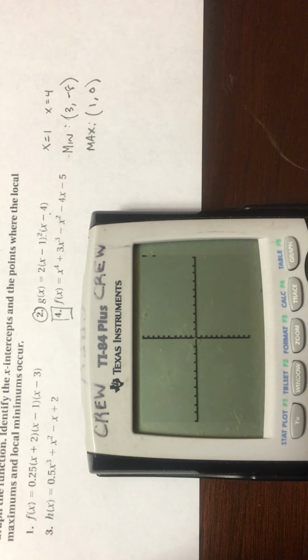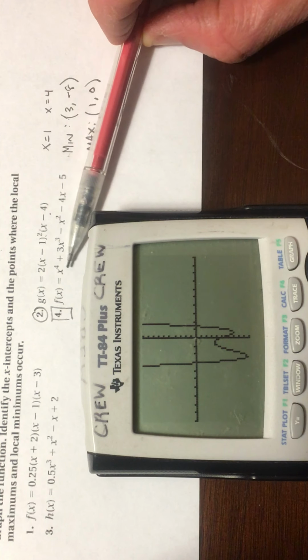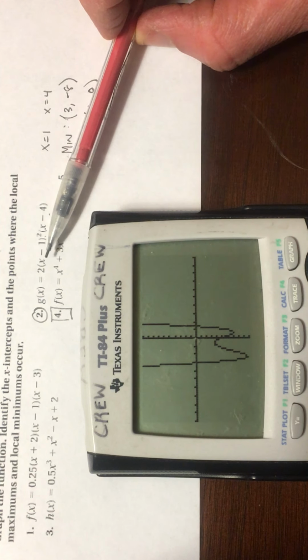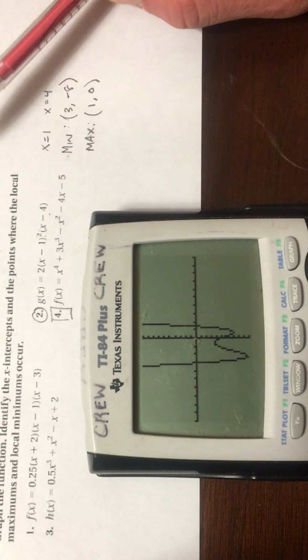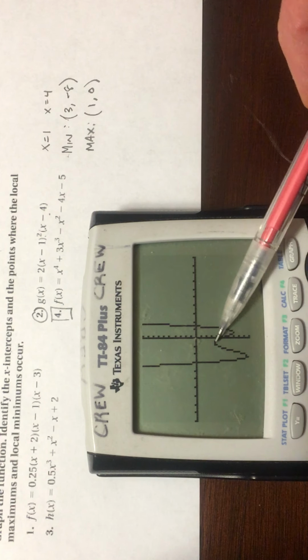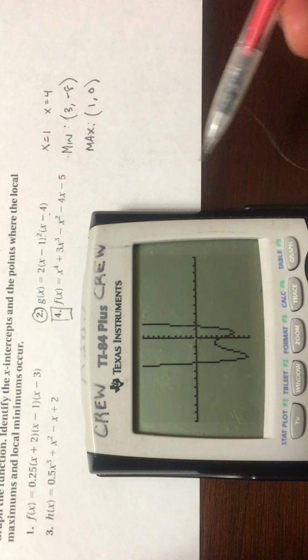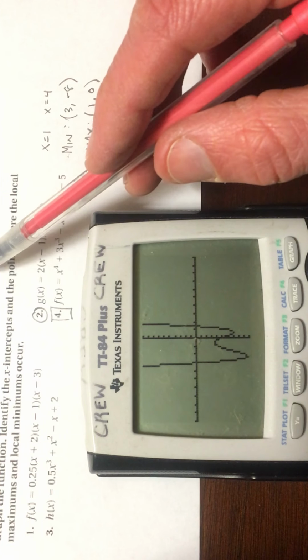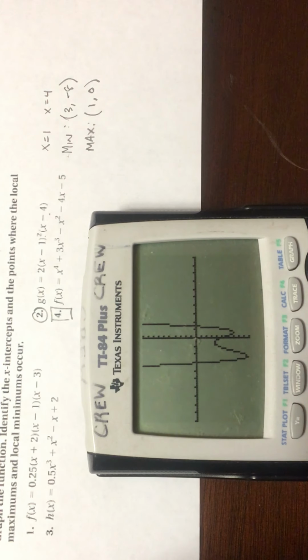If I hit the graph, 1, 2. So this crosses twice. Okay, so we're at degree 4. At most, it could have 3 terms, according to our box. And you can see it turns once, twice, 3 times. And it's got 2 real zeros. So 2 minus 1, it has exactly 1 turning point.